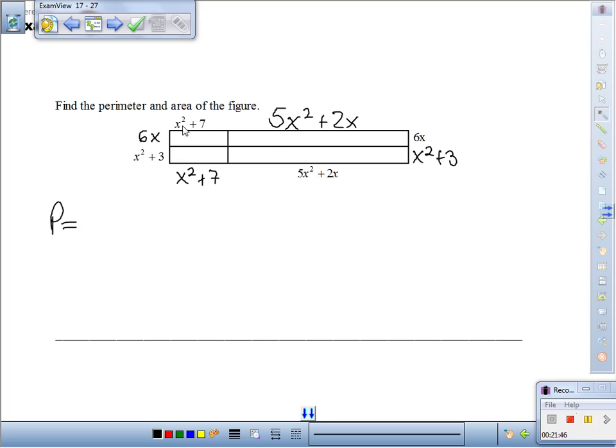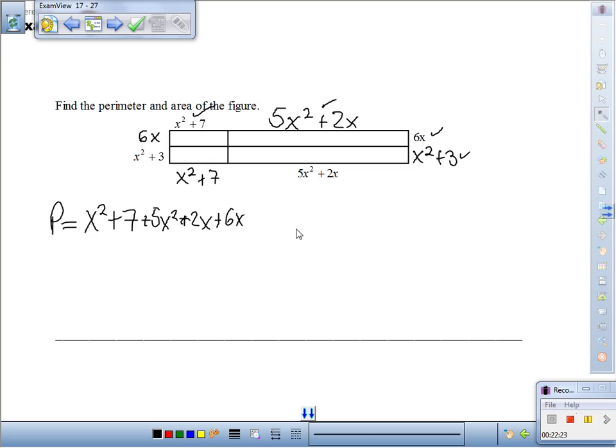I'm going to start at the top just to keep organized. I'm going to go from here, and then I'm going to go clockwise. So what is the first one? x squared plus 7. So we write it x squared plus 7. Plus, what's my next one? 5x squared plus 2x. What is the next one? Plus 6x.